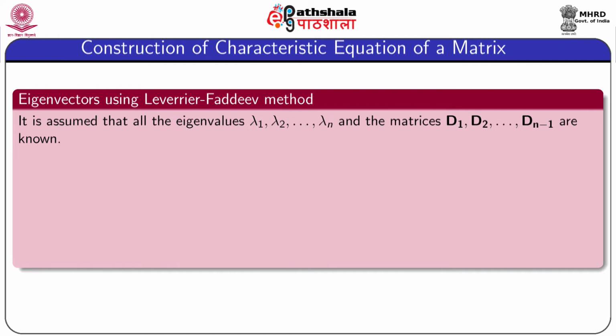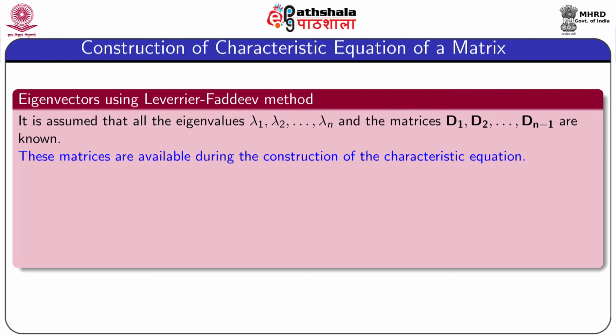So, these matrices are already available, and by solving the characteristic equation we can determine the eigenvalues lambda 1 to lambda n. So, these are known quantities, available during the construction of the characteristic equation.